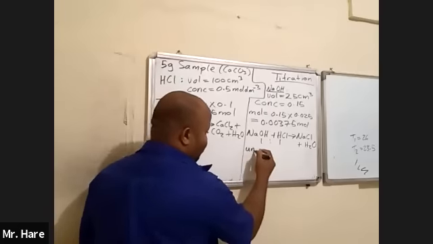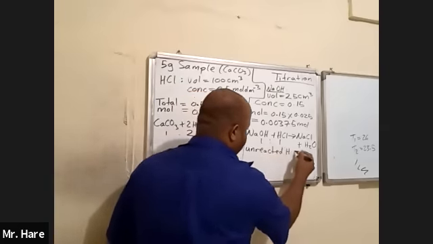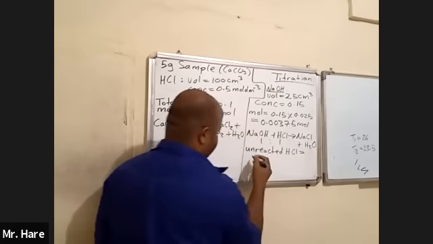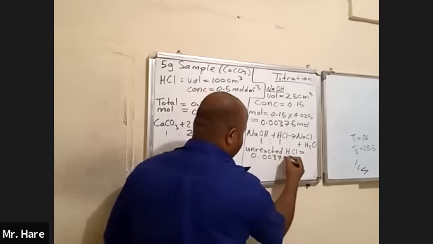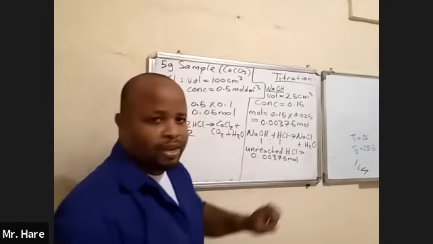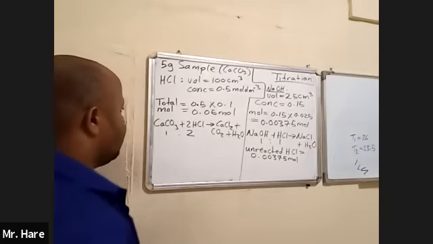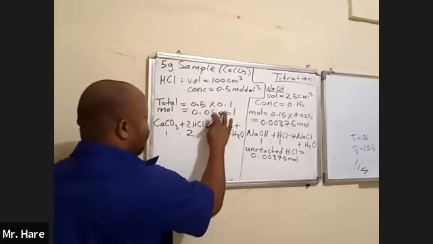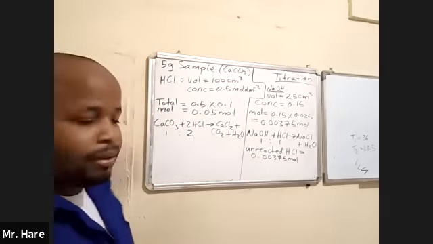So the unreacted HCl is equal to 0.00375 moles. So if the unreacted is 0.00375, and we know the total mole from the reaction is 0.05, how would we calculate the amount that reacted?